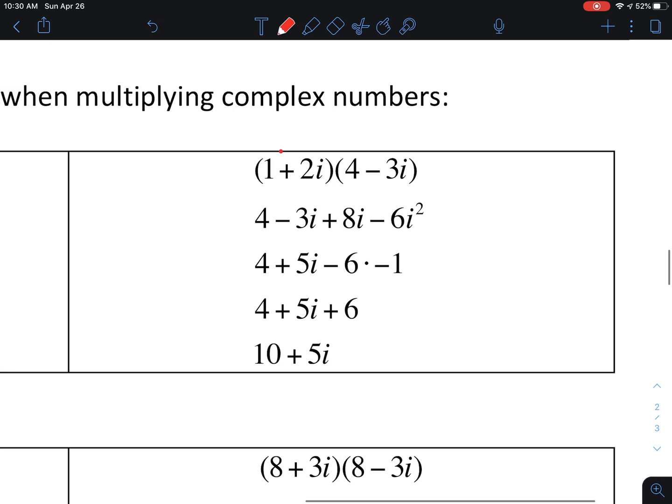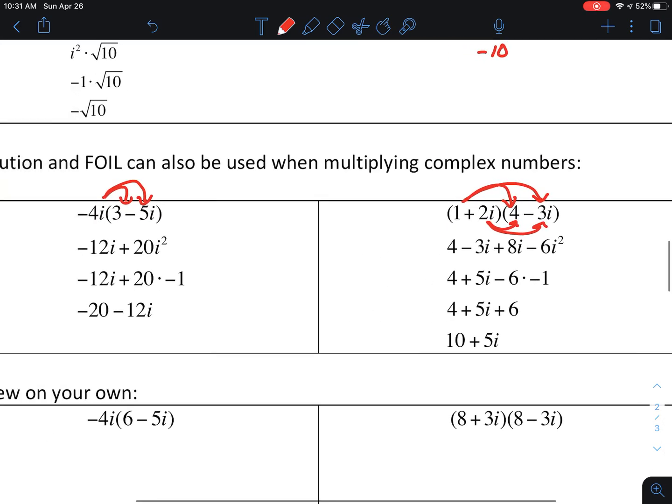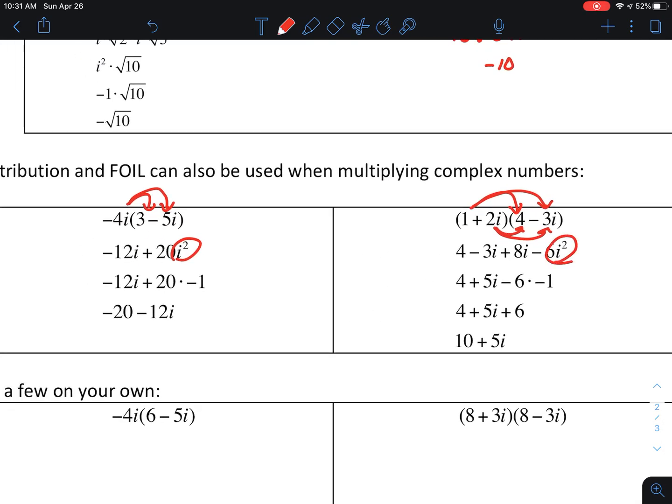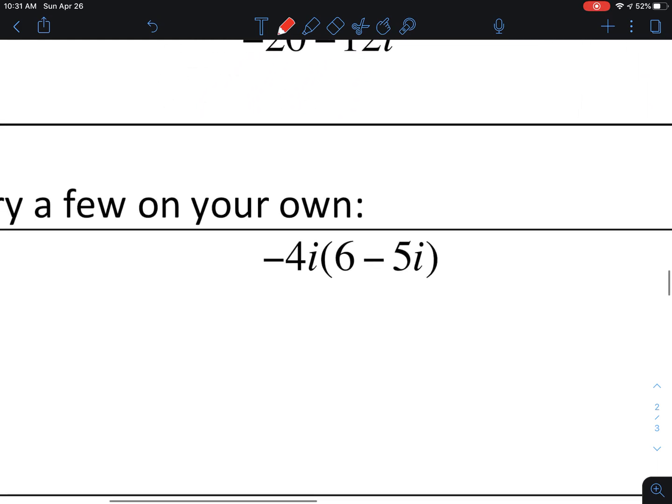We can FOIL two complex numbers, or multiply a binomial complex number by another binomial complex number, right? Notice in both of these cases, you end up with i squared. And i squared then turned into negative 1, and we had to deal with that, okay? Let's try this one together. We're going to distribute.